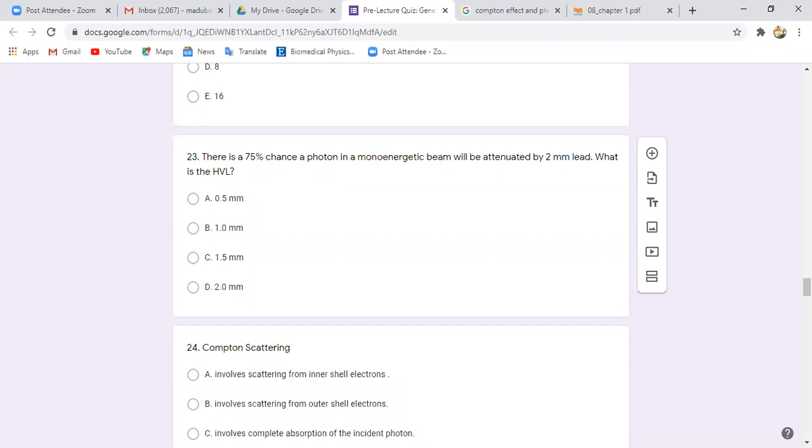I'm sorry, I've got to be as fast as possible. It says 75% chance, and the thickness is 2 millimeters. So we should find the HVL.